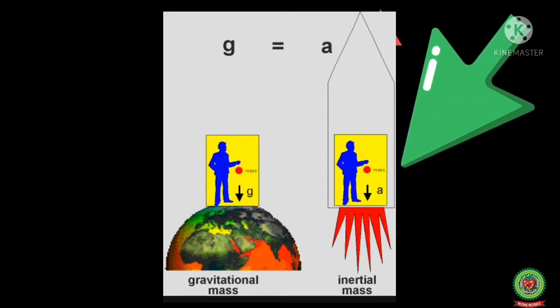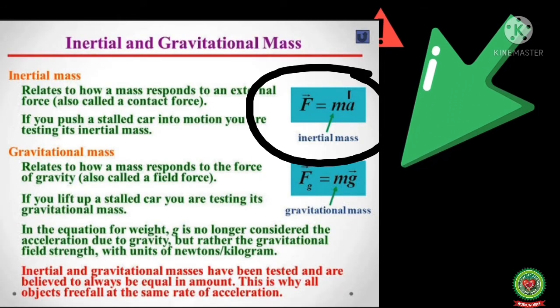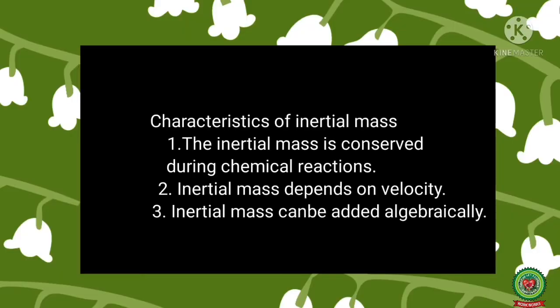Inertial mass is measured by the ratio of the force F and the acceleration a produced. Inertial mass is conserved during chemical reaction and is not affected by the presence of other bodies near it.